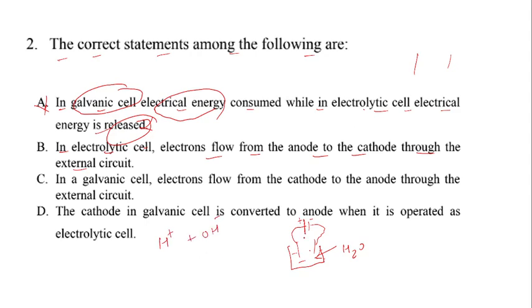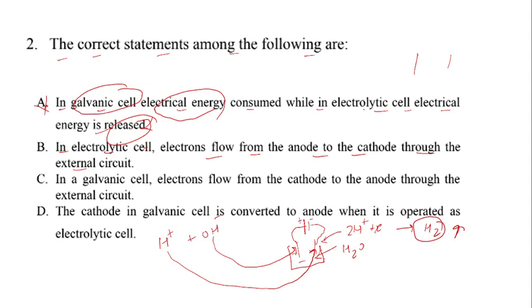Then, due to charge, the hydroxyl ion will move toward the positive electrode, whereas the hydrogen ion will move toward the negative electrode. So the hydrogen ion will come here and gain an electron from the battery, because it is the negative terminal, and it will convert into hydrogen gas. You can say 2 H plus and 2 electrons. So finally hydrogen gas will be released from the negative terminal.